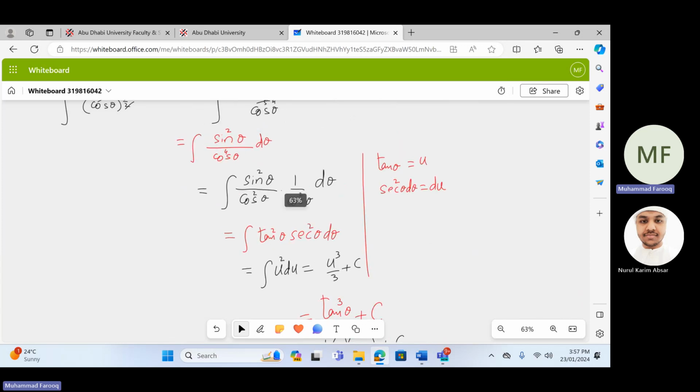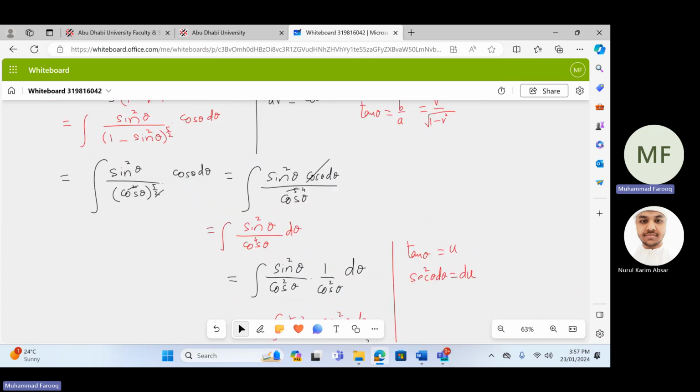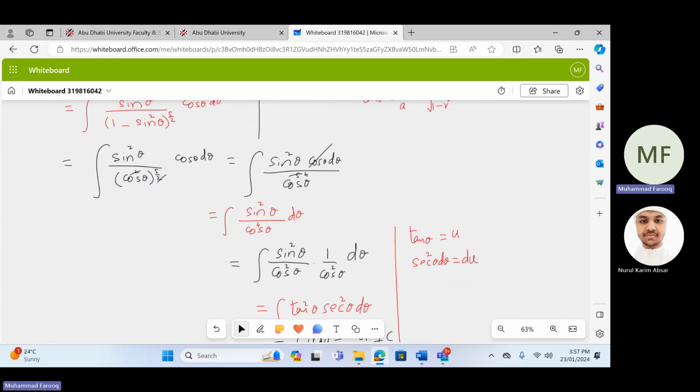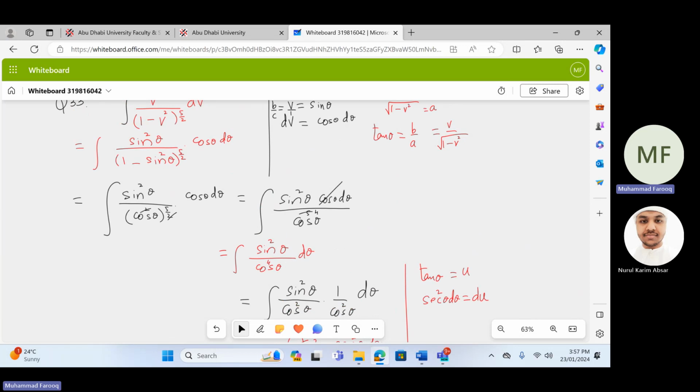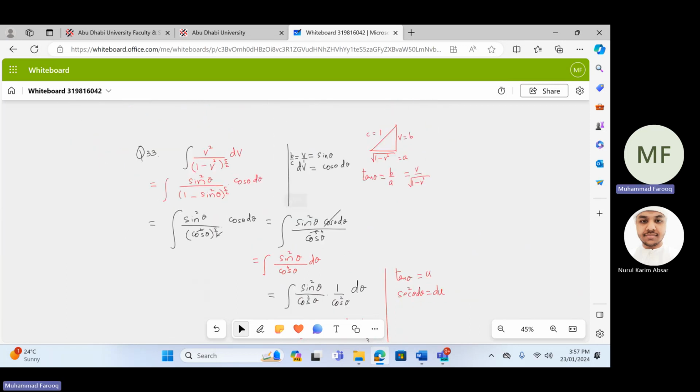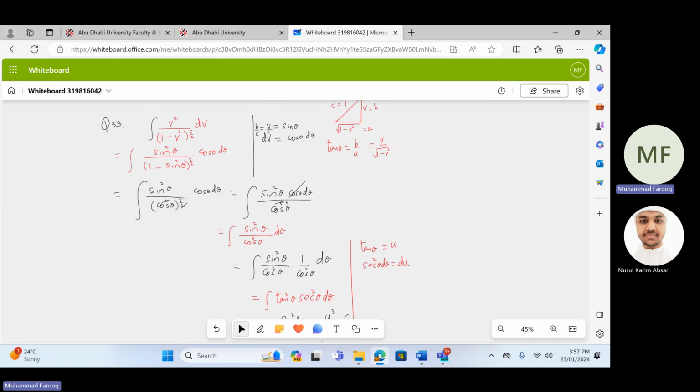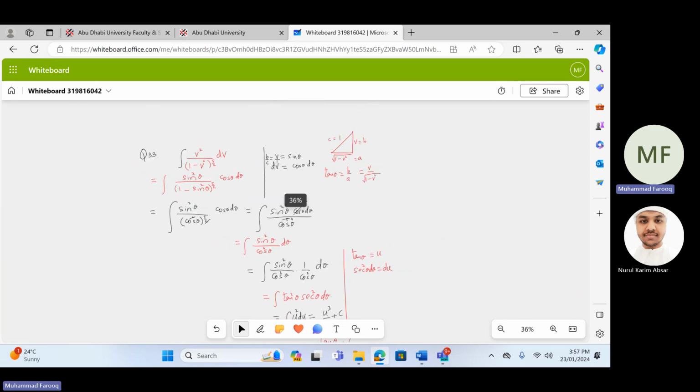Now, we actually have one more question, same like that. This is question 33, right? 34 is also the same, but actually when you simplify it, cotangent and cosecant come up. So we did not take that question, and that's why.